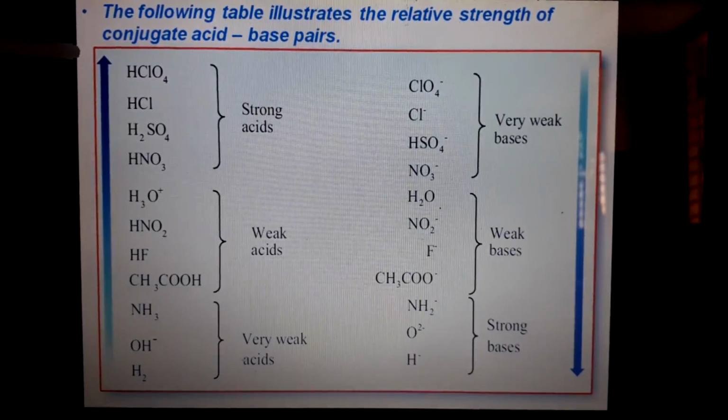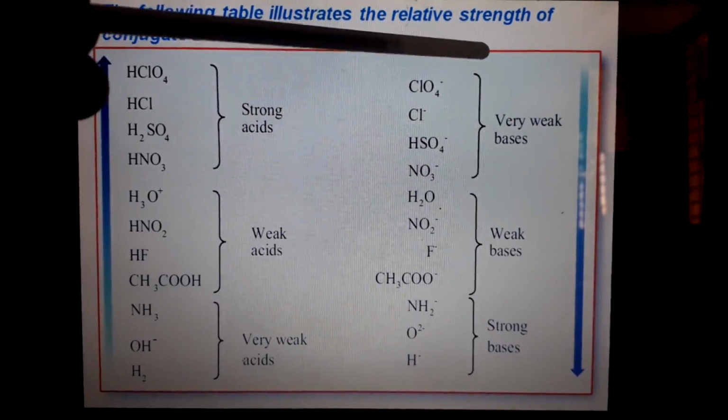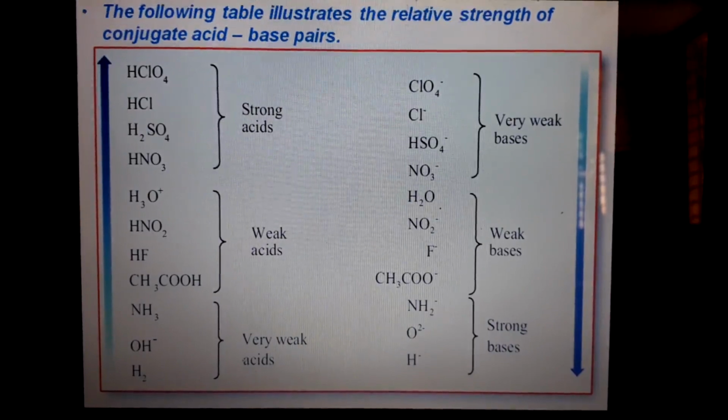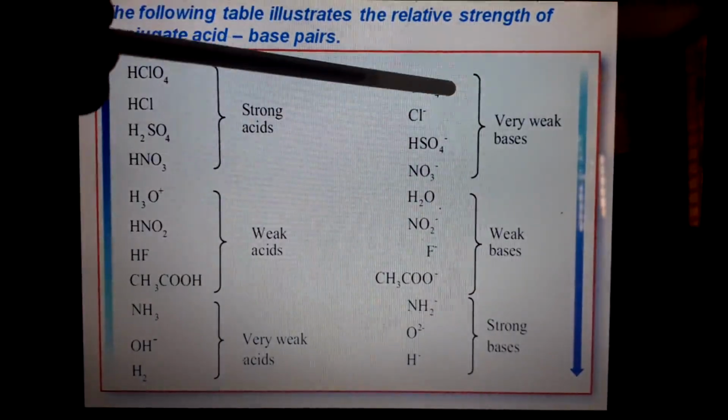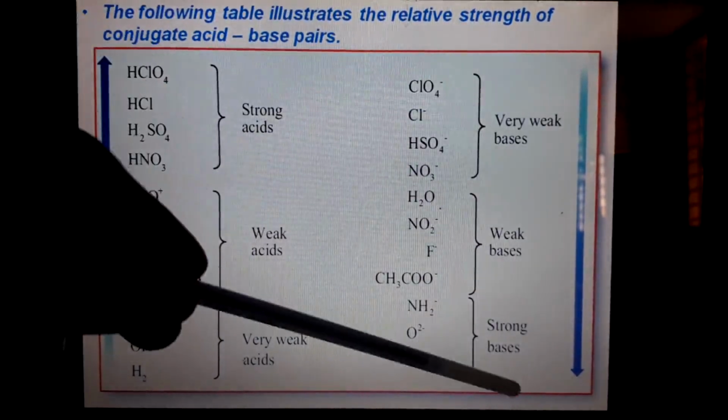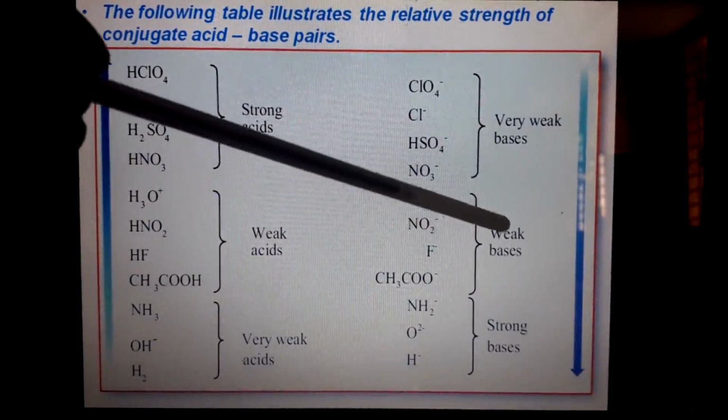This is the range of conjugate acid-base pairs, the relative strength of acid-base pairs. These are very weak acids: hydrogen, OH−, ammonia. In the bases, from top to bottom, it is increasing order, weak bases and then strong bases. This is the order. Okay, understand?